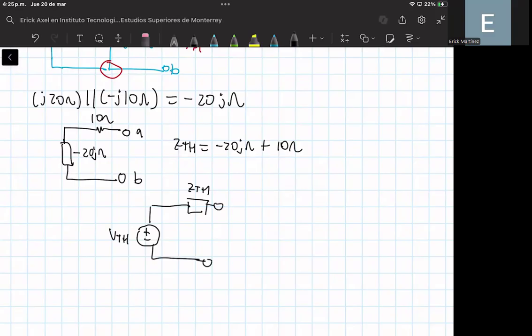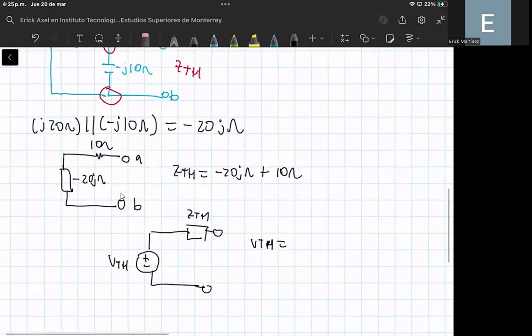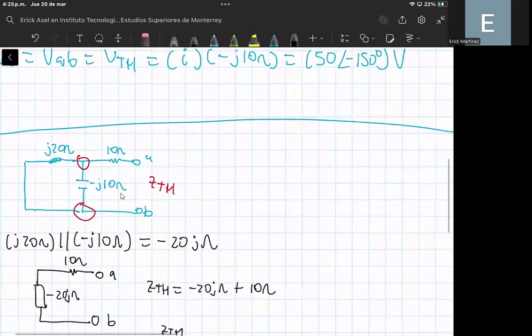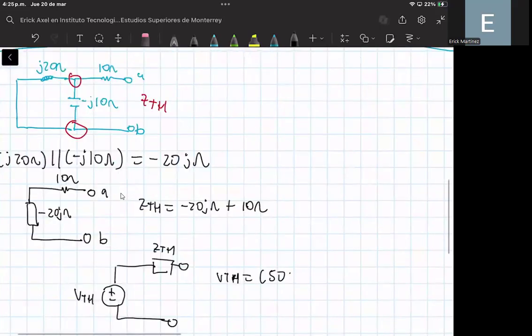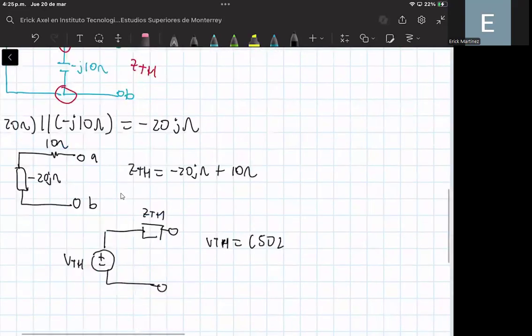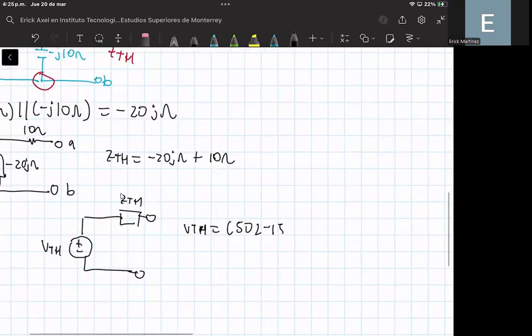And remember that the Thevenin voltage, according to our previous result, is equal to 50 with an angle of minus 150 degrees volts. And the equivalent impedance is equal to minus 20 J ohms plus 10 ohms.